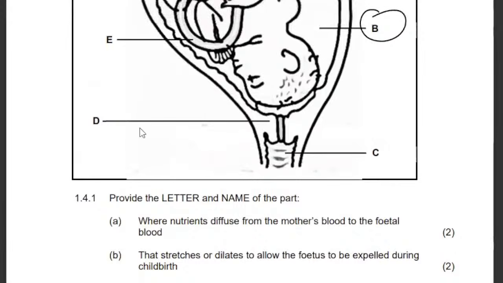Which nutrients diffuse here, where nutrients diffuse? Name here they're asking you. Here students lose marks when they ask this question, because for the letter and the name, they only give the name or they only give the letter. So you are losing marks. They're saying where nutrients diffuse from mother to the fetus.